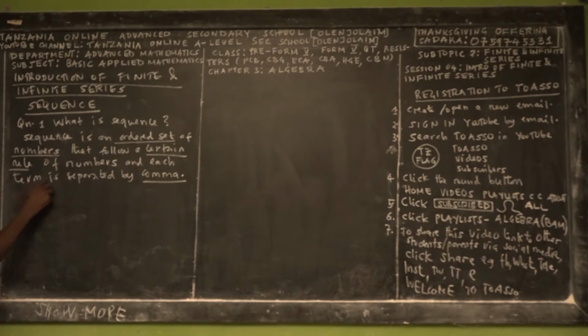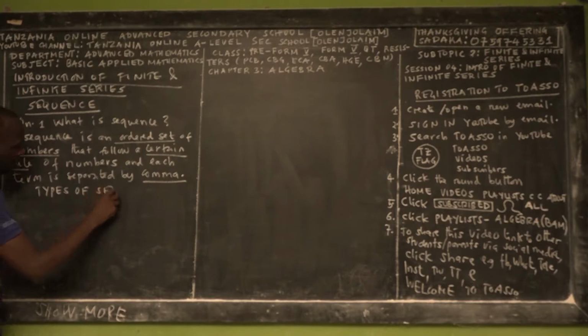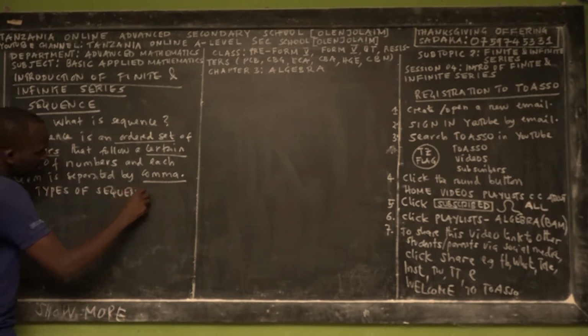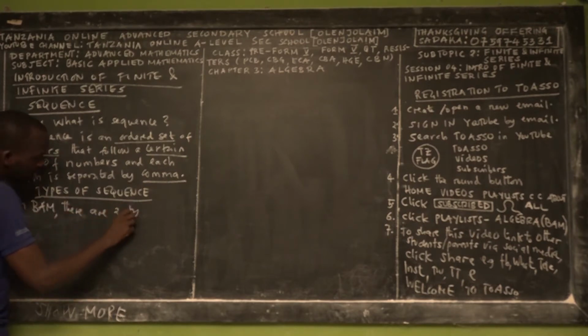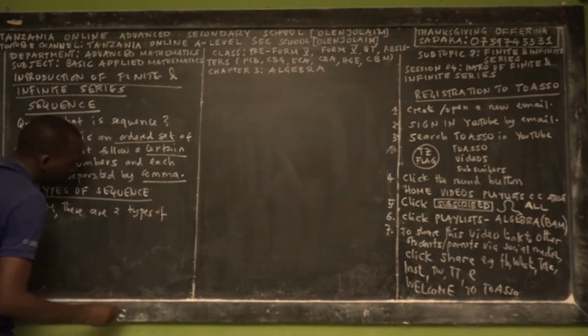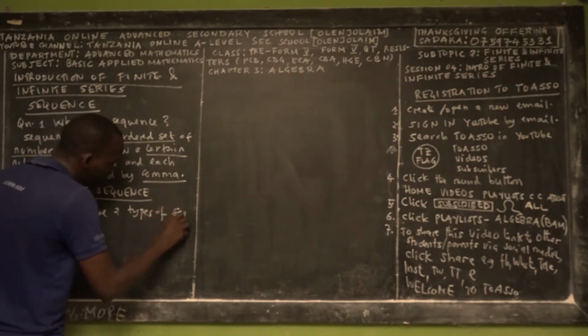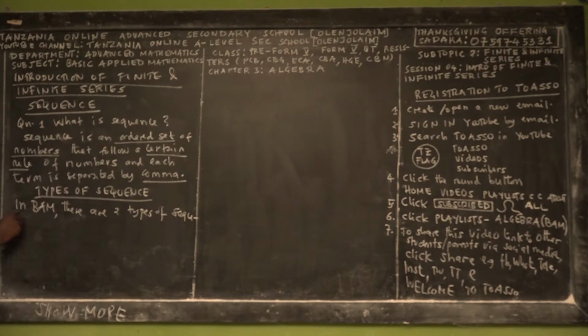So we have types of sequences. In basic applied mathematics, there are two types of sequences. Just to remind you, because some of the students are reading ECA, doing business, they didn't have good foundations of basic mathematics.